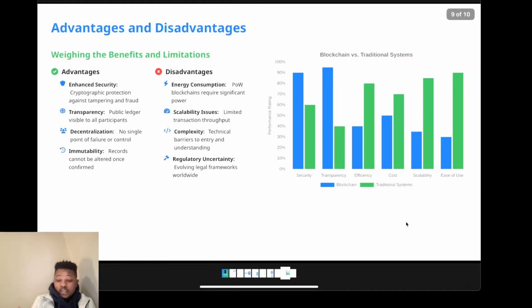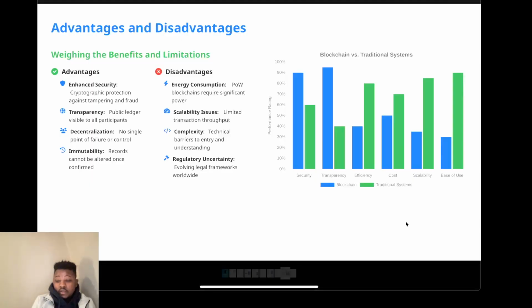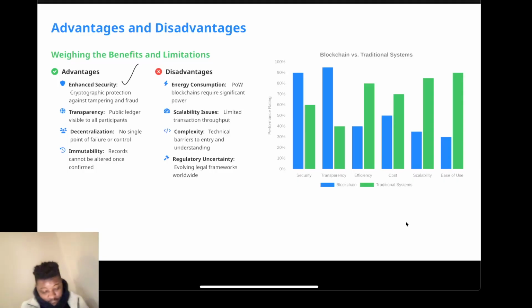Then let's weigh the advantages and the benefits. Blockchain usually comes with security because it is tamper proof and no one can change the contents of the blockchain, right?